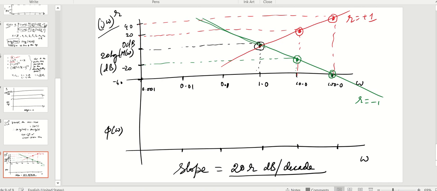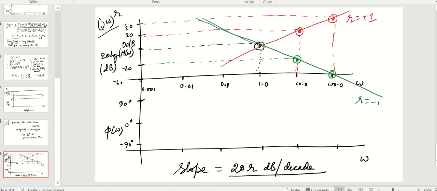All right. Now coming to the phase plot. So what would the phase plot be like? As we've already indicated, I'll just draw this so that you can see here. Let's call this 90 degrees. Let's call this 0 degrees, and let's call this minus 90 degrees.